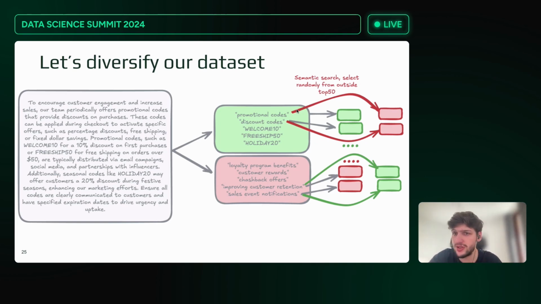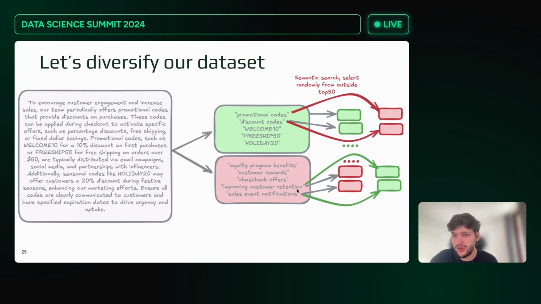You can just do a semantic-based search and select randomly from outside of the top 50 results. Because if you do a search for promotional codes and you pick something that's not in the top 50 results, there is a very high probability that it's not a match.